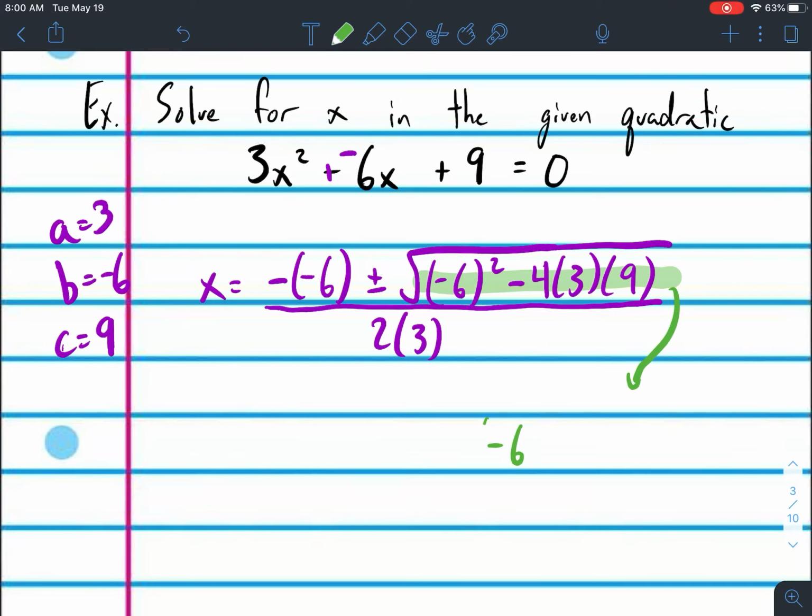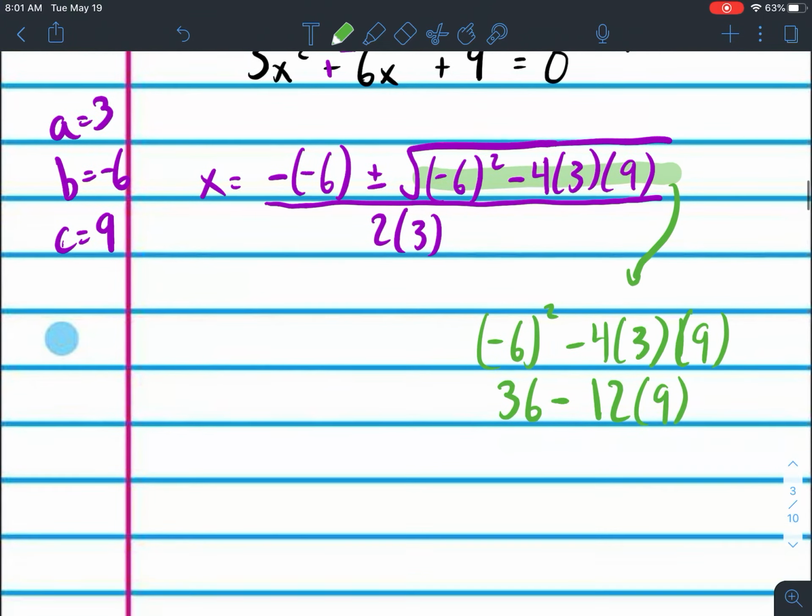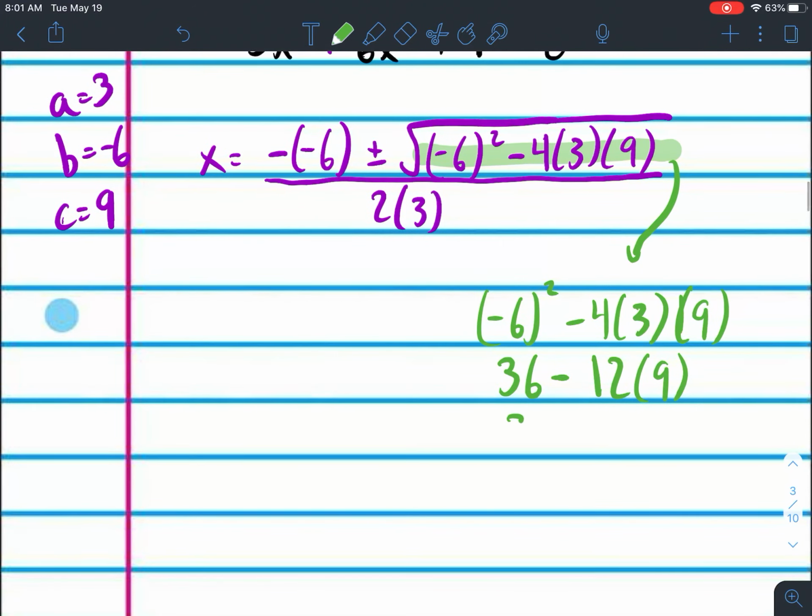So -6 squared minus 4 times 3 times 9. Okay, so let's see. -6 squared is going to be positive 36 minus 4 times 3 is 12 times 9. Okay, so 36 minus 12 times 9, well, 12 times 10 is 120.